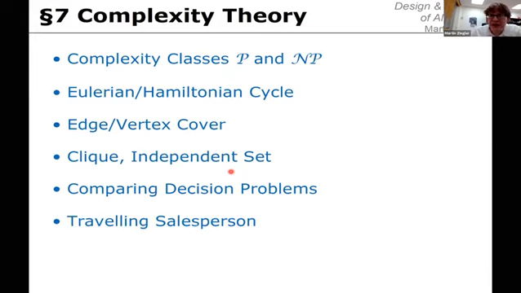And finally, we will discuss two optimization problems that are NP-hard, the traveling salesperson problem and the knapsack problem, because these will be among the problems for which we will then in chapter 8 design and analyze approximation algorithms.